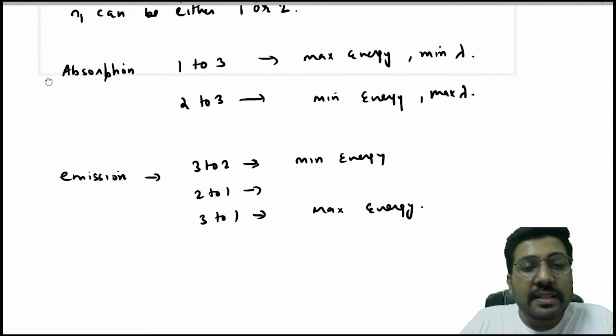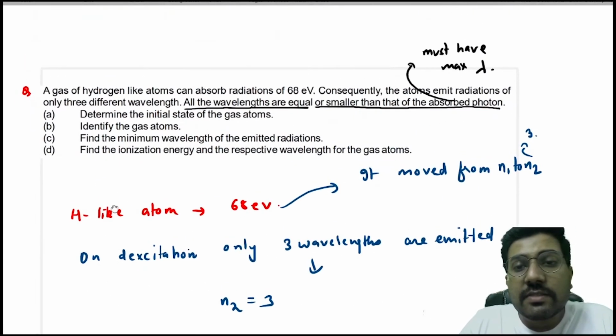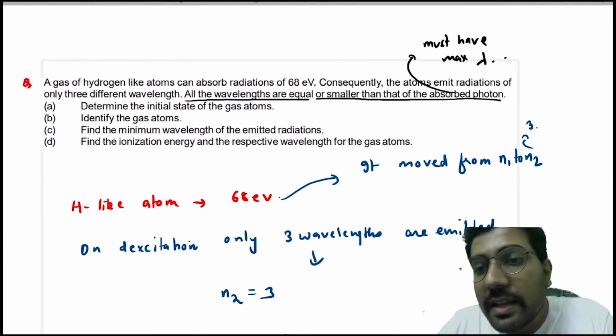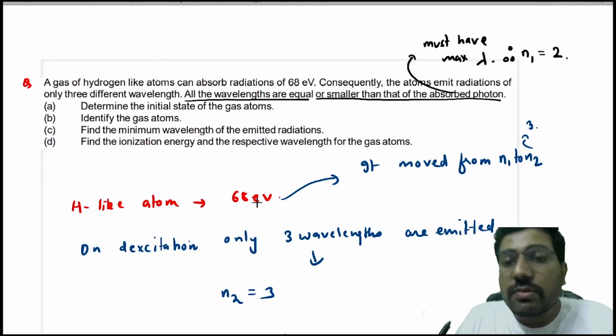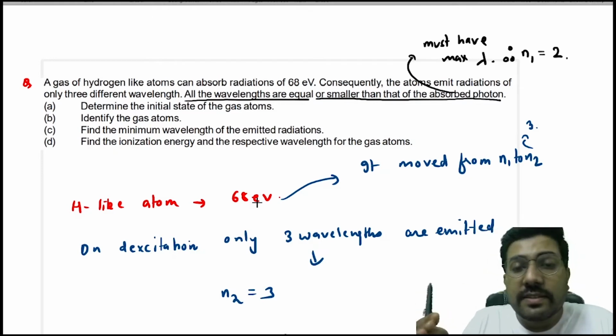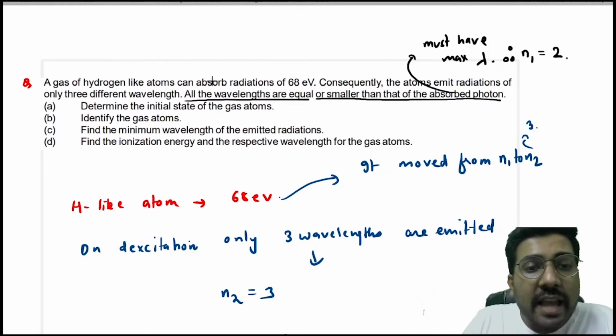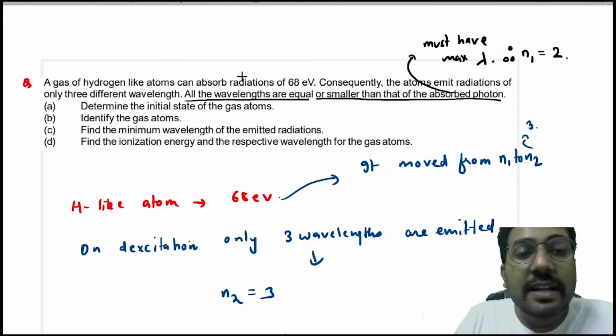So that means from here what will you say? Therefore N1 is equal to 2, and from 2 to 3 transition, the hydrogen-like atom is absorbing 68 electron volt.